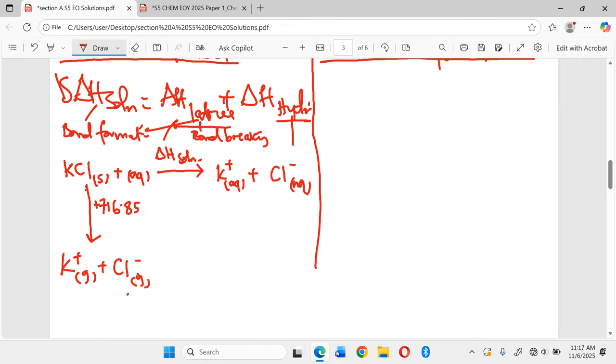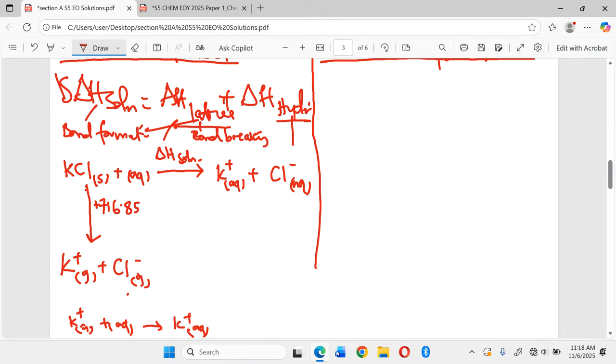Now, what is hydration energy? The hydration energy is the one when a substance is completely dissolved in enough solvent. The gaseous ions are the ones which are dissolved in enough solvent to form the aqueous ions. For example, potassium ions, we dissolve it in water to form potassium ion aqueous.